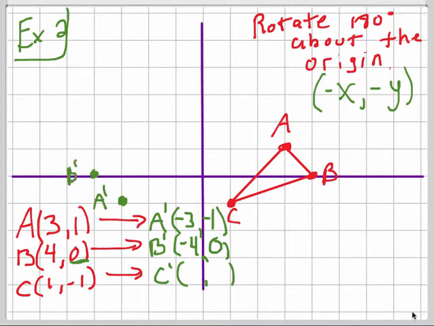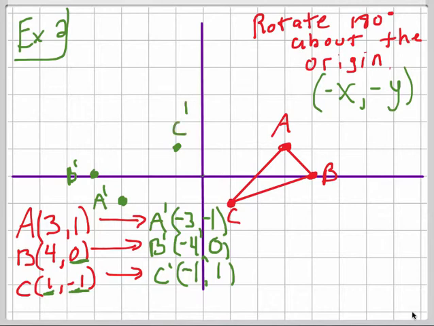Let's go to C now. The opposite of 1 is -1. And the opposite of the y here, the opposite of -1, is +1. So I just need to plot that point. Always start at the origin, just like plotting points. We'll go -1, 1. And there's my C prime.